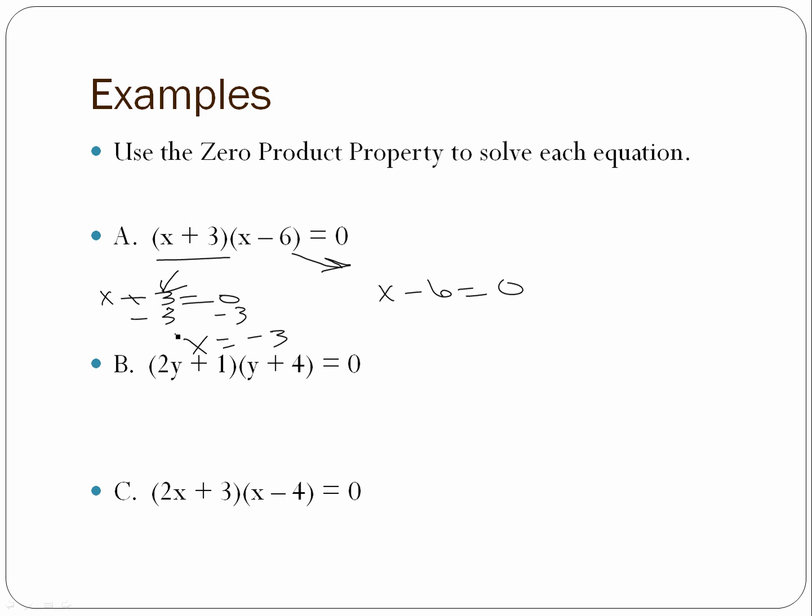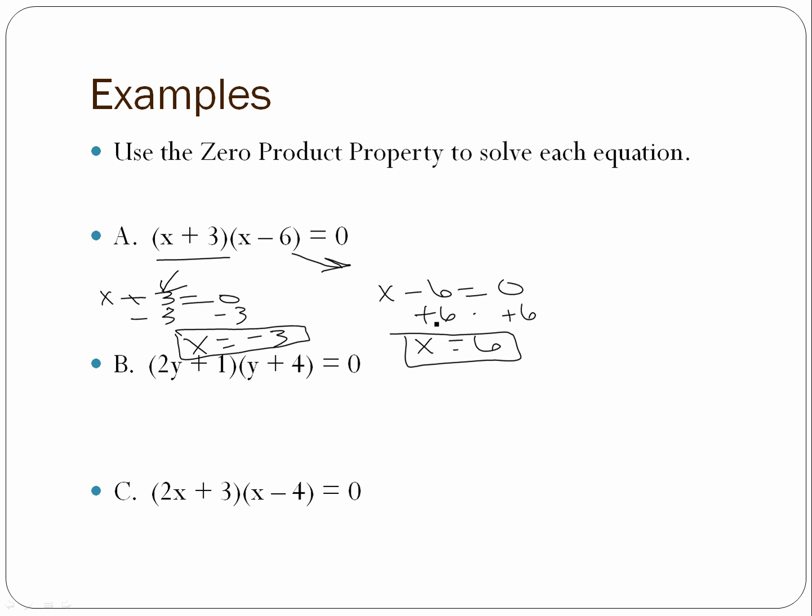And that's one of our answers to this quadratic equation. For the second one, x minus 6 equals 0. Again, I'm going to solve for x, so add 6 to both sides. So x will equal positive 6. And we're done. For this problem, we had two different answers, x equals negative 3 and x equals 6. We can show our answer just like that, put a box around it.